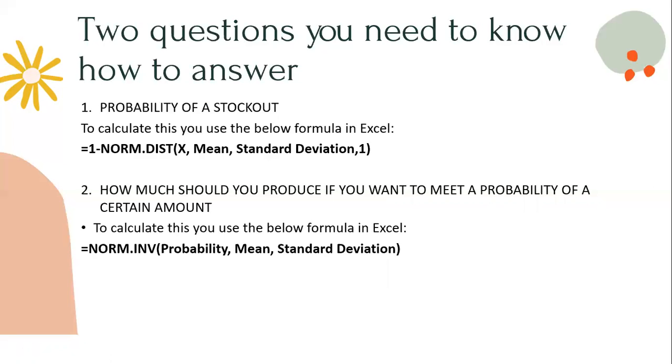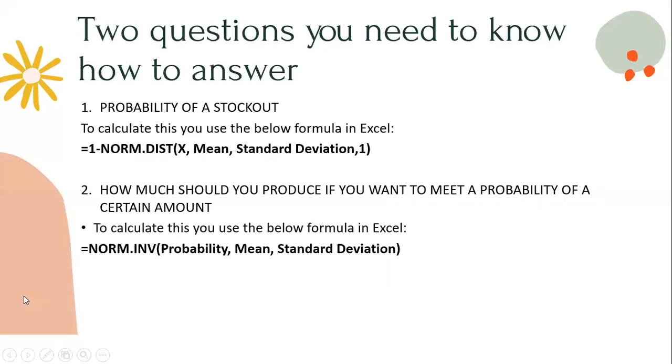You will get the probability of a stock out. The other big question that you need to know how to answer after this lecture is how much you should produce if you want to meet a certain probability. For example, if I want to fulfill 70 percent of demand, how much should I really be producing?